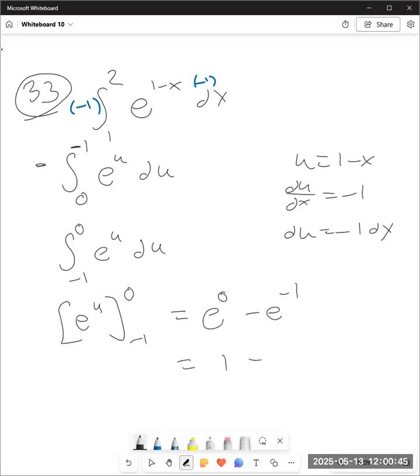It's 1 minus 1 over e, or e minus 1 over e. Either of those are exact answers. You can use your calculator to approximate that to however many decimal places your teacher may want, if your teacher wants an approximate answer.